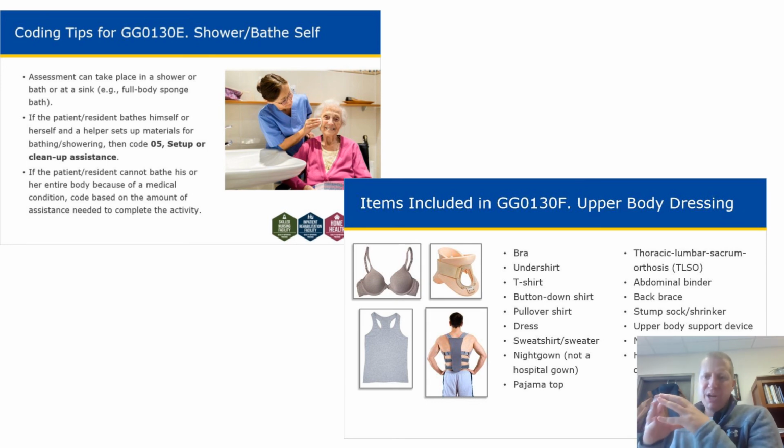It's also important to know that upper body dressing could include a back brace, like a thoracic lumbar sacral orthosis, an abdominal binder, maybe a stump sock shrinker, an upper body support device, maybe a neck support, a hand or arm prosthesis, or orthotic as well. And so if somebody is used to having a prosthesis, you would have to make sure that they could put it on and take it off.